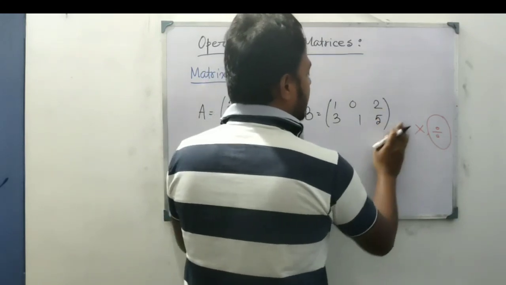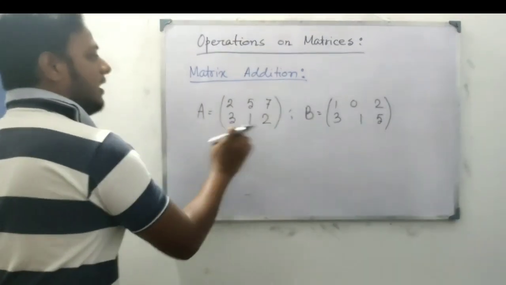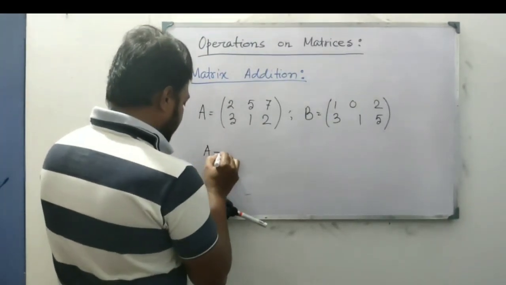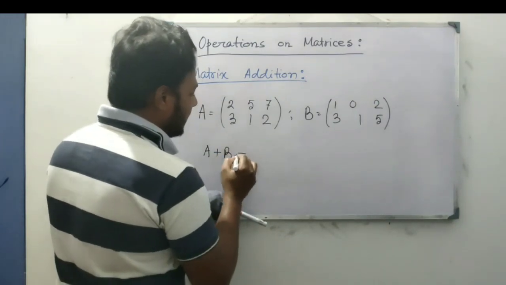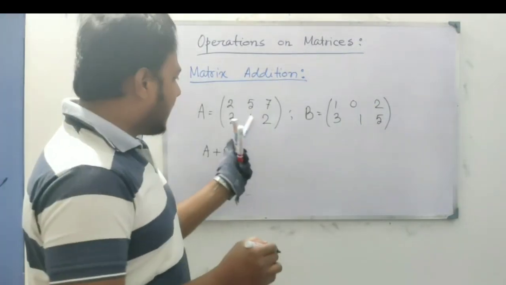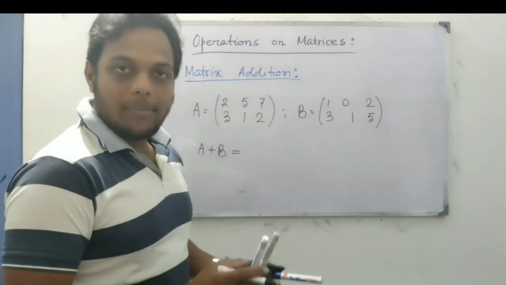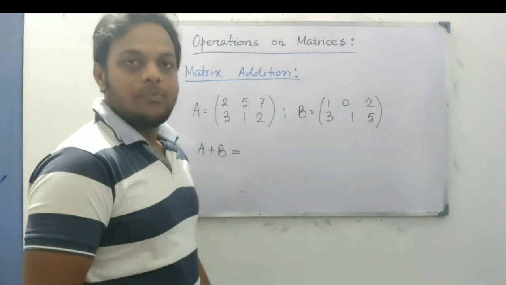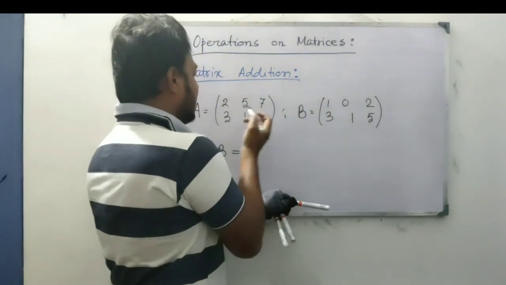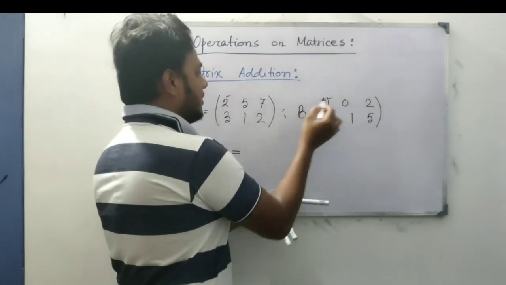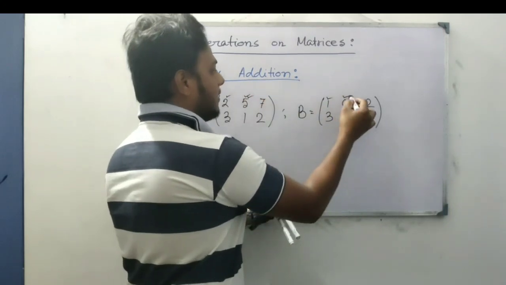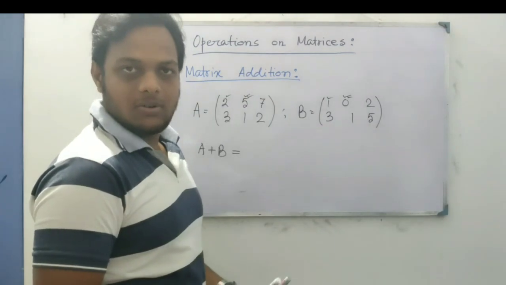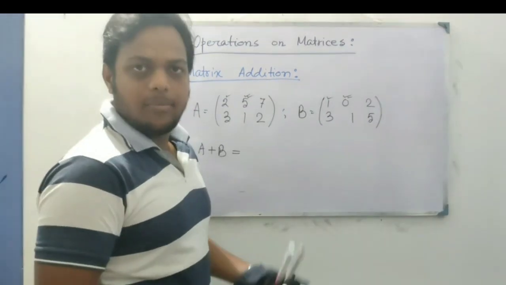Suppose I have considered two matrices, one is A, another one is B. So what will be A plus B? You can add these two matrices. Why? We have only one way to add these two matrices. How? We have to add the corresponding entries. That means first element with first element, second with second. We don't have any other option except this. So this is matrix addition, simple.